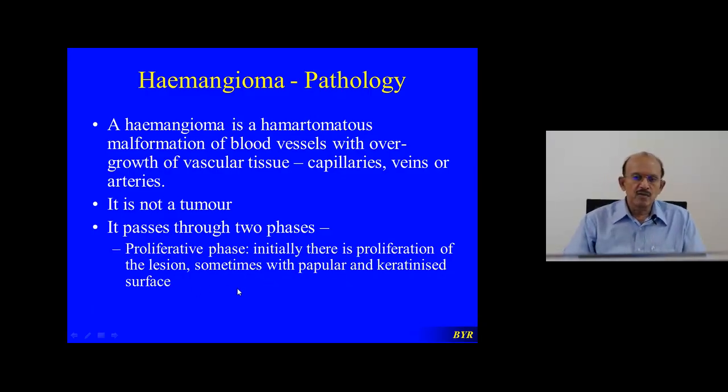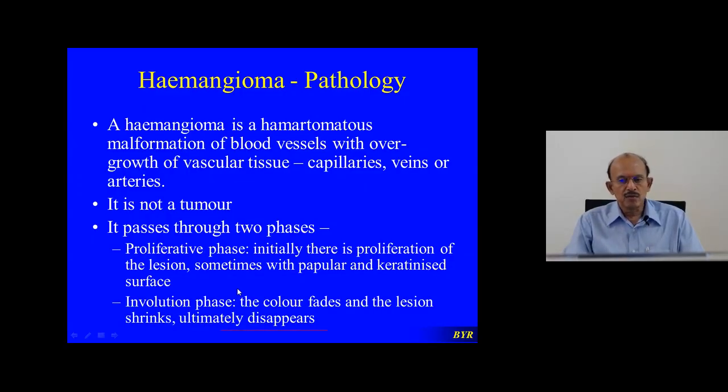So initially the vascular lesion increases. After it appears as some vascular malformation patch over the skin, it gradually increases for some time. That is called the proliferation phase. Involution phase: later it gradually involutes. As it is involuting, the color fades and the lesion shrinks and ultimately disappears.